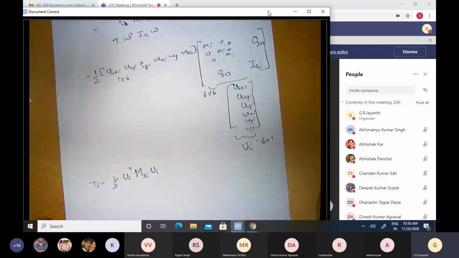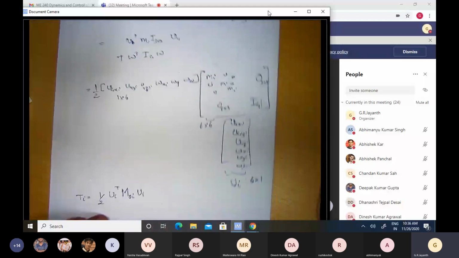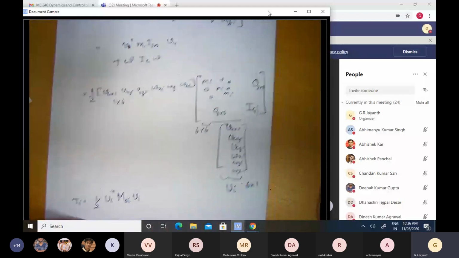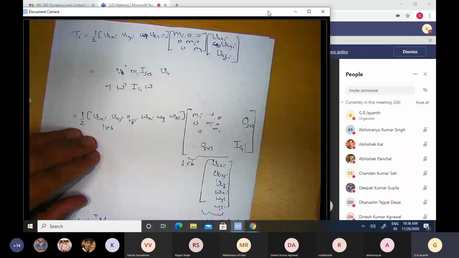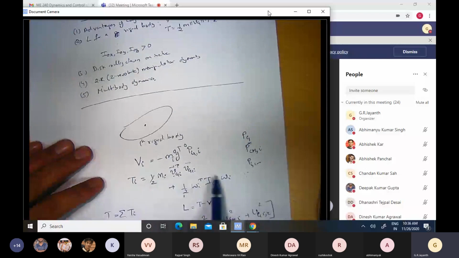Now compare how much simplification there has been in the expression, in relation to what we had earlier. You had two separate terms. There were so many symbols for you to remember: mass and velocity, translational velocity, angular velocity, inertia matrix, and so on.